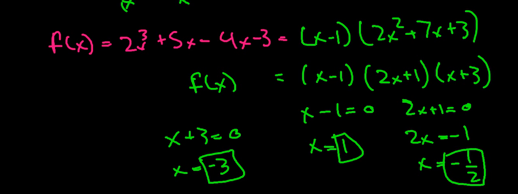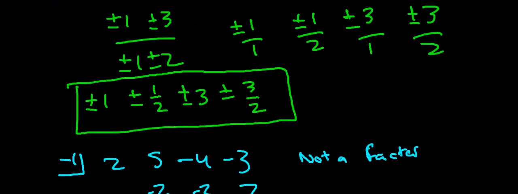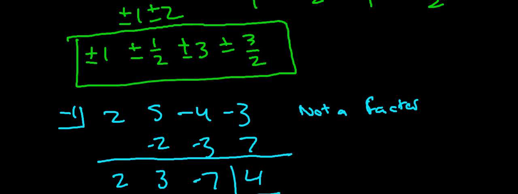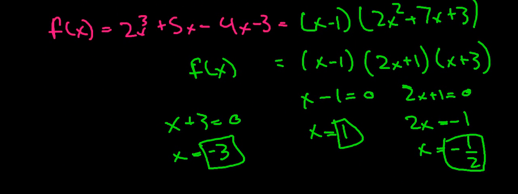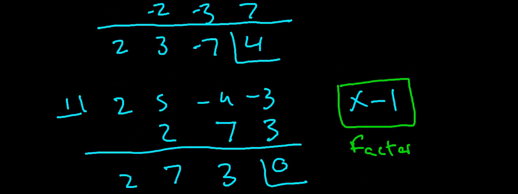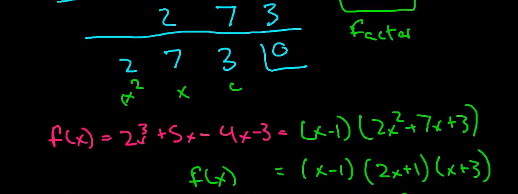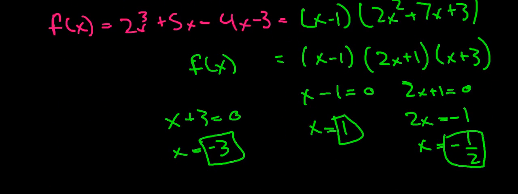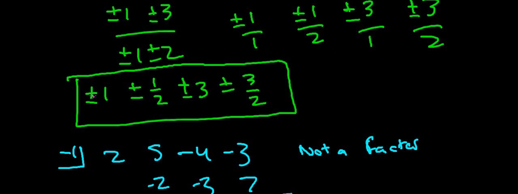And if we go back up to our pool of possible zeros, we see we have 1, minus 1/2, and minus 3.